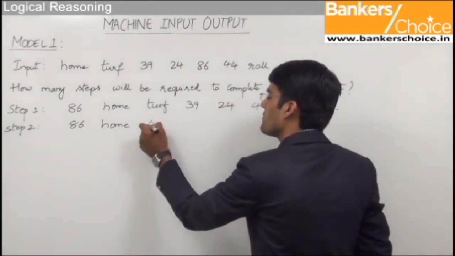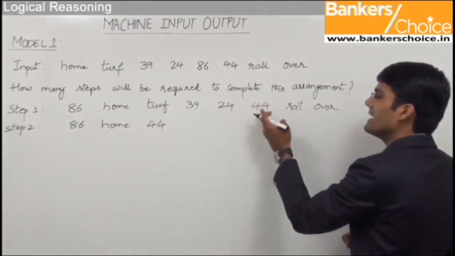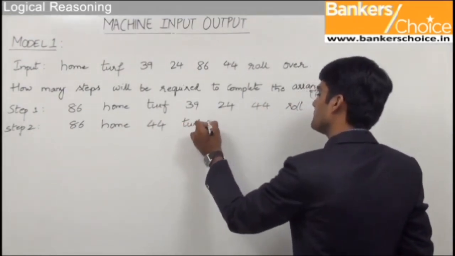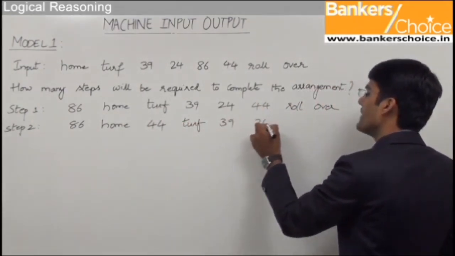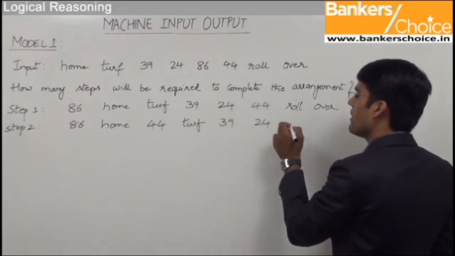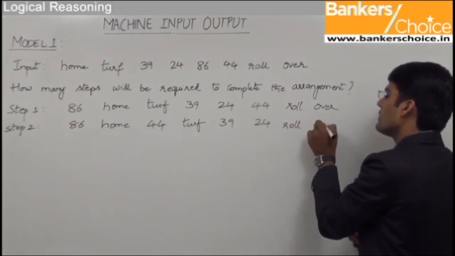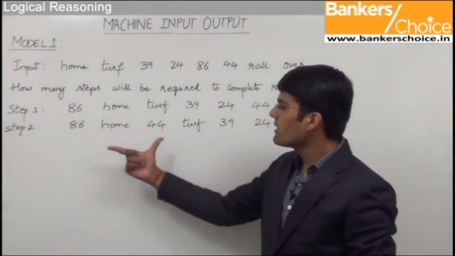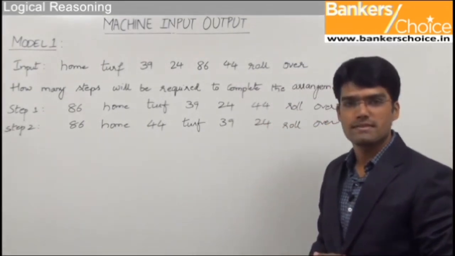So let us bring 44 to the third place and remaining elements are pushed aside. So the next position would be turf, 39, 24, 44 has already gone there, and then roll followed by over. So that finishes the step 2, and now we have got 3 elements in the correct positions.